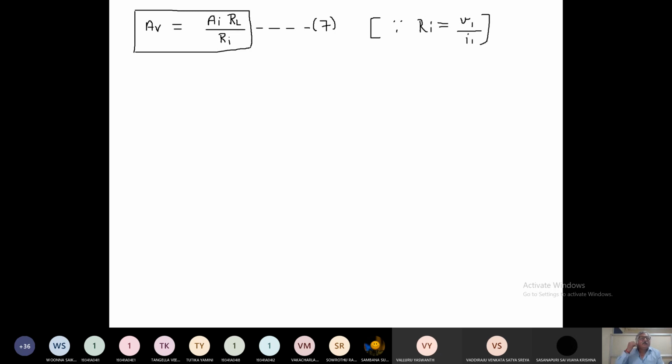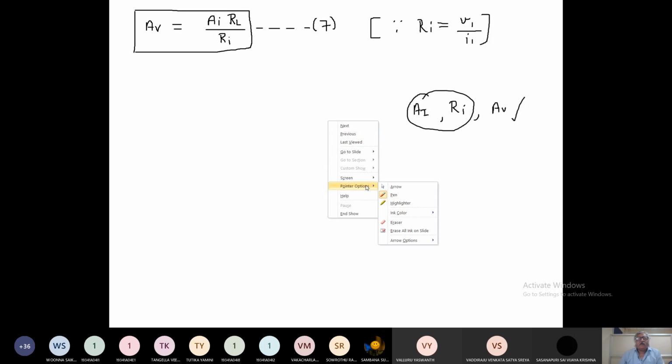Simply by using those values in this expression and taking the value of load resistor RL, we can find out the voltage gain. So first you calculate the current gain, then the input resistance, then the voltage gain, and you can use these values in the voltage gain calculation directly, right?